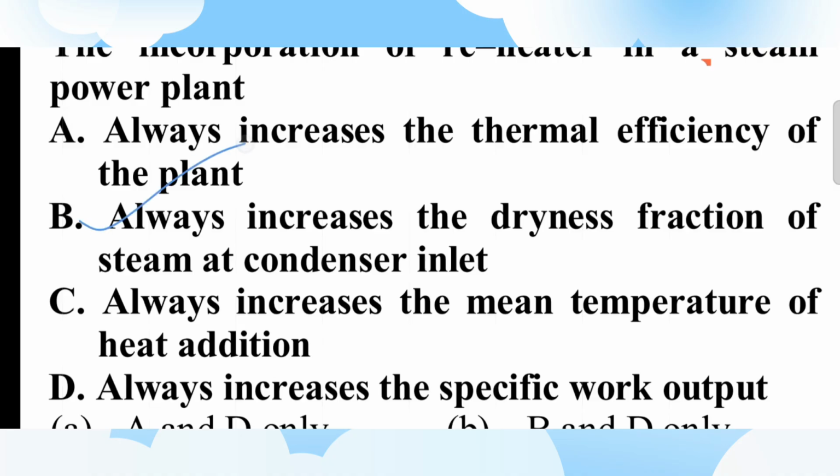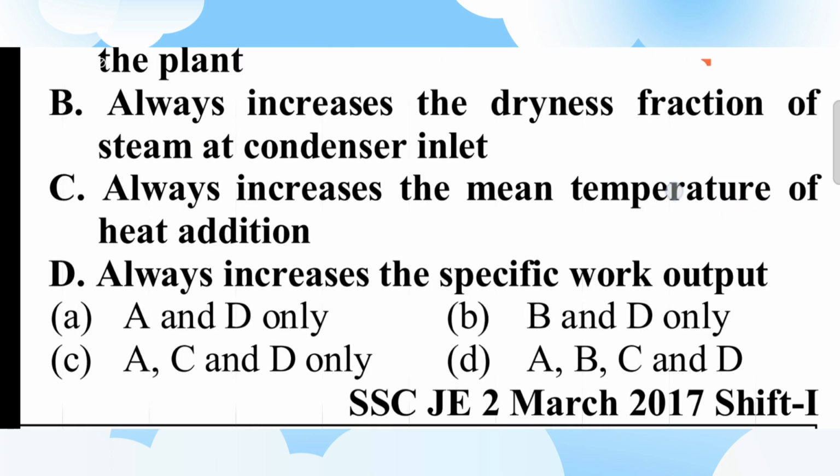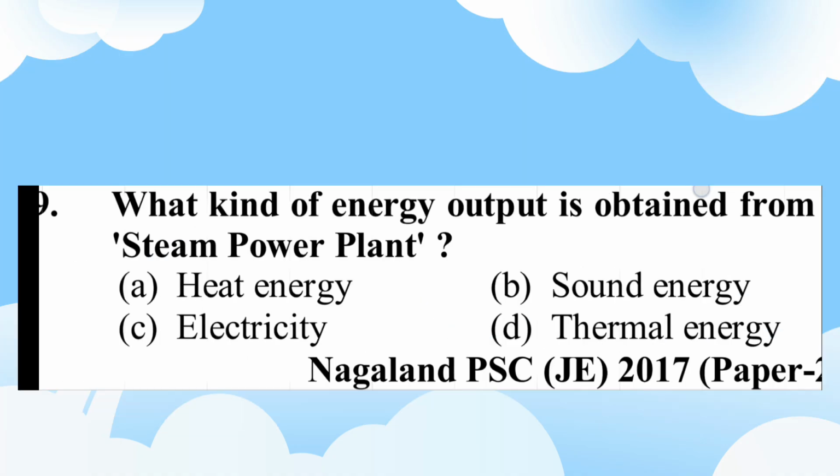Yes, the reheater mainly causes increased dryness fraction. C. Always increases the mean temperature of the heat addition. D. Always increases the specific work output. D is also correct. So B and D are the only correct ones.